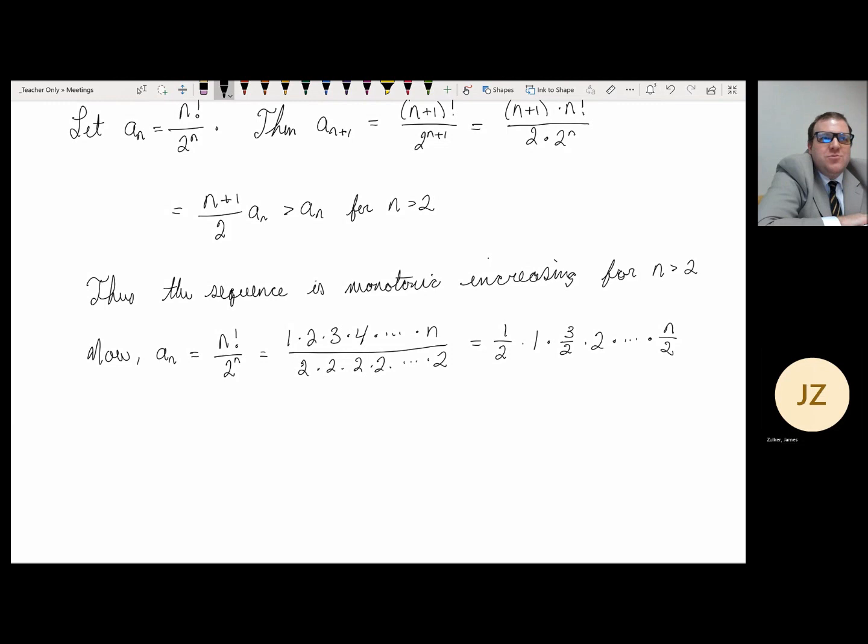Obviously, 2 to the n is just 2 times itself n times. No, it's just whatever number n happens to be. It's n times all the positive integers less than it. Right, so notice if n was 2, these would just go away. It would just be a half.